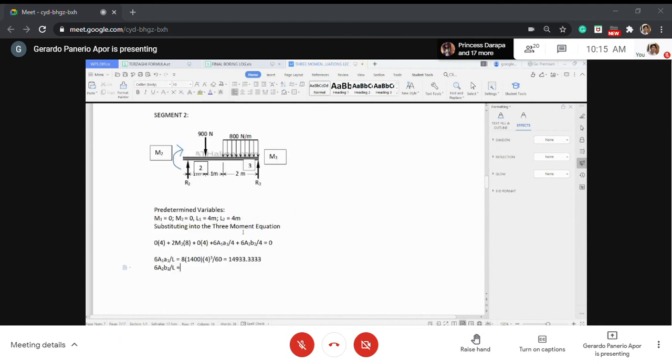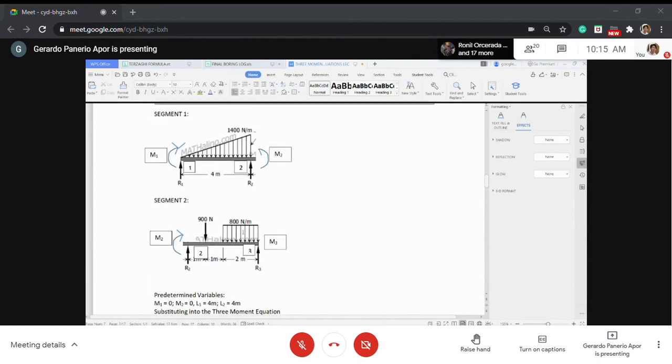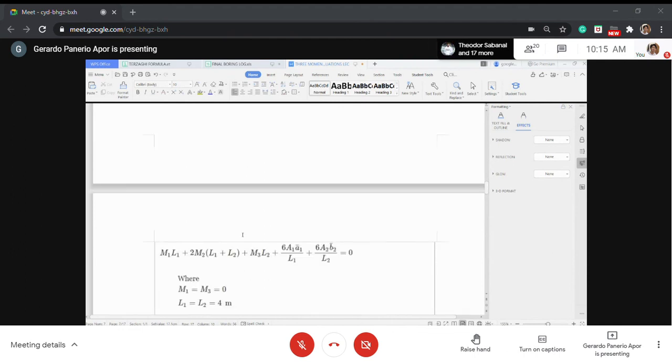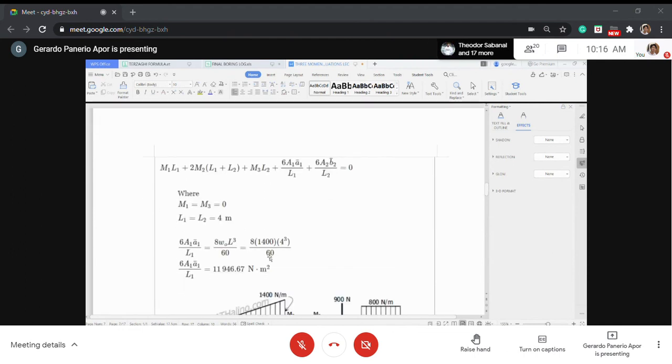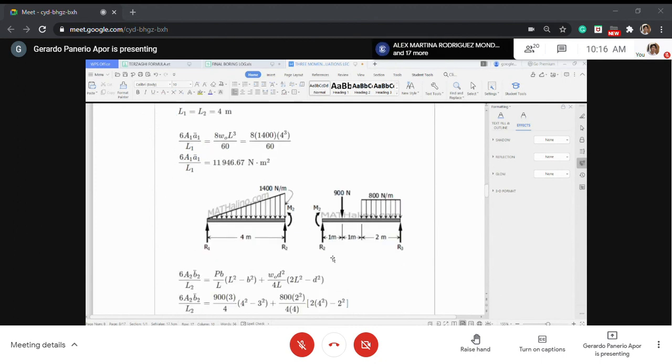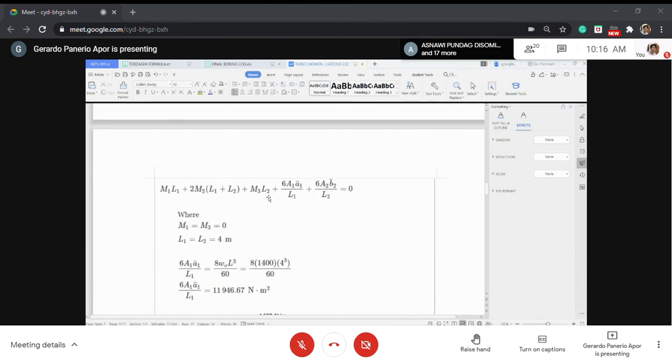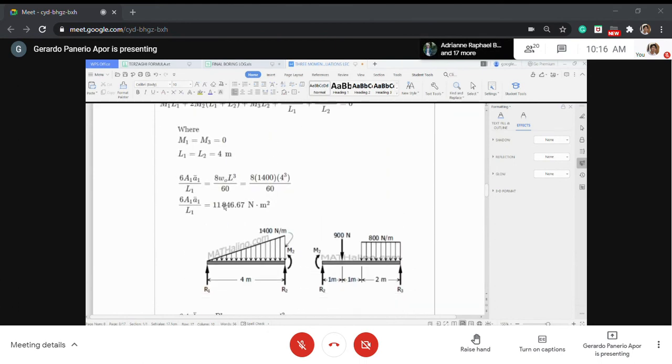For 6E2 B2, we need the area of 2. That is the one. Actually, this is the solution class. So, 4 times 4 times 4 times 8 times 2,200 divided by 60.